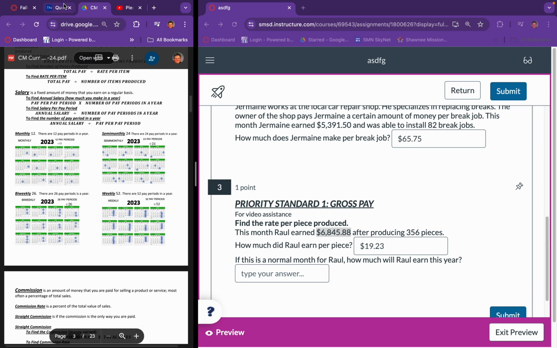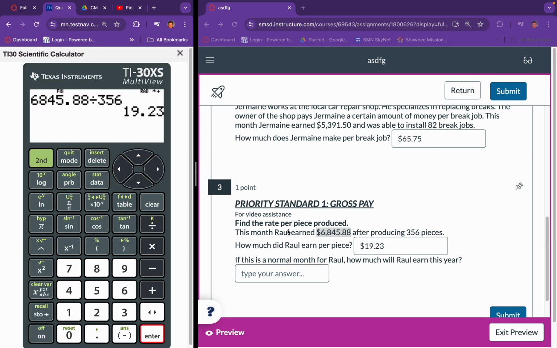So what we're going to do is take what he earned this month. He earned $6,845.88. And how many times did he do that? He did that every month of the year. He did that in January. He did that in February. He did that in March, April, May, June, July, August, September, October, November, and December. He did that 12 months out of the year. So in 12 months, every one of those 12 months, he made $6,800.